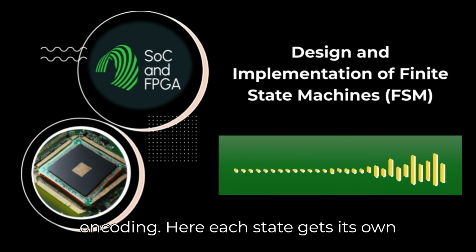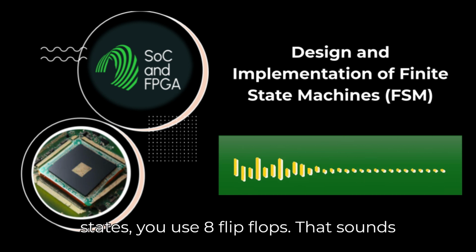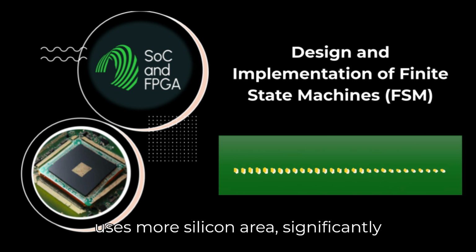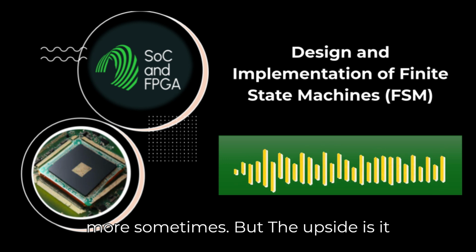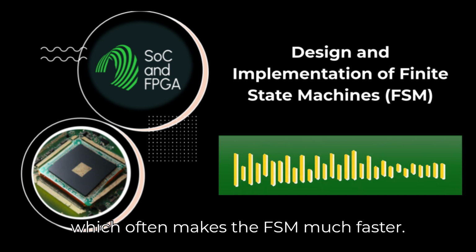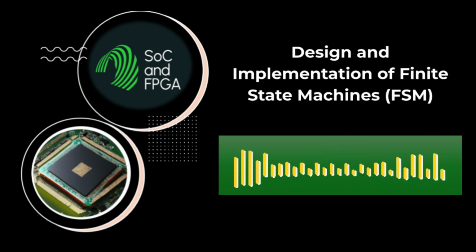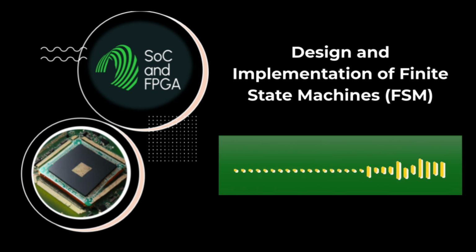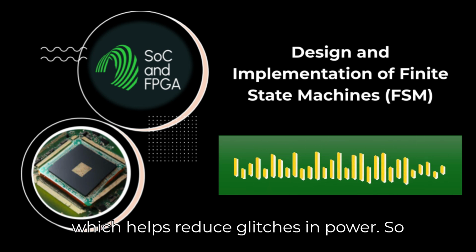Here, each state gets its own dedicated flip-flop. So if you have 8 states, you use 8 flip-flops. That sounds like it uses more space. It definitely uses more silicon area, significantly more sometimes. But the upside is it vastly simplifies the next state logic, which often makes the FSM much faster. There's also gray code encoding, where adjacent states differ by only 1 bit, which helps reduce glitches and power. So it's a trade-off.